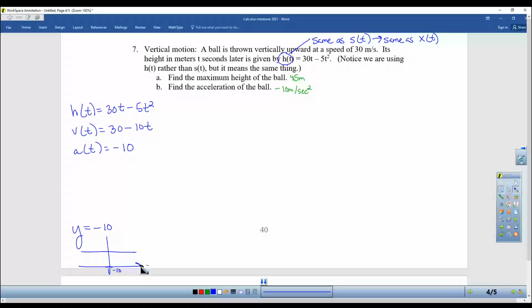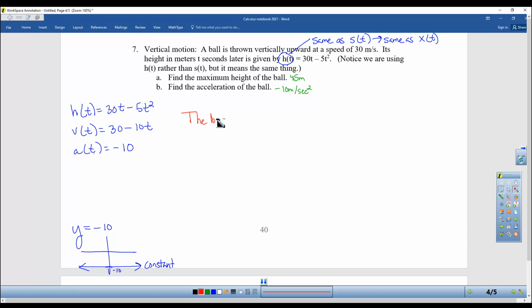It just goes like that. It's constant. It's constantly negative 10. So since this is a constant function, you can actually answer part B already. The acceleration is always negative 10, no matter what the velocity or no matter what the time is.